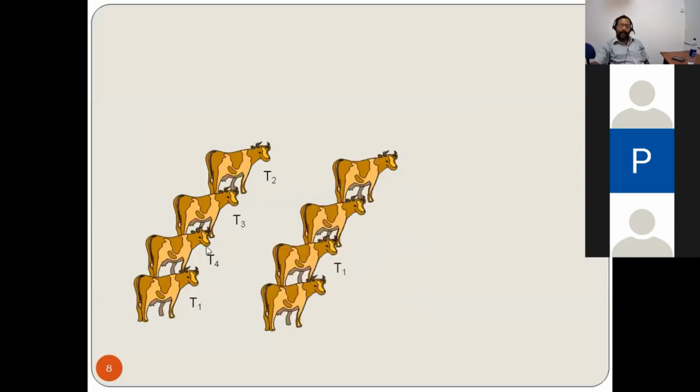Similarly, we have another set with all 4 treatments. So this is replicate 1, and this is replicate 2. Likewise, we can have several replicates. So we said we should have a minimum of 2 replicates.